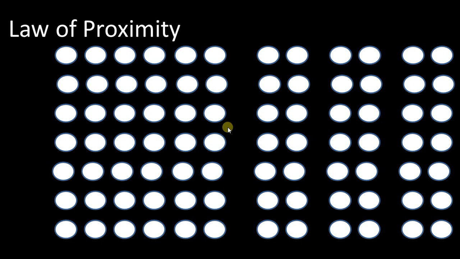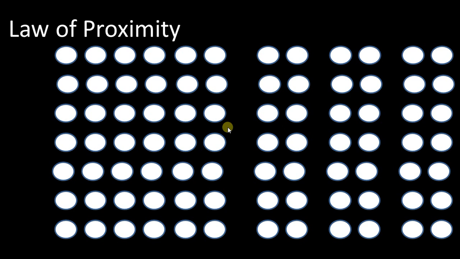But when we look at these series of circles, columns of circles, we perceive the first 6 columns, I mean the 6 columns which are at the left side, as a single rectangle. And then we look at the 6 columns of circles at the right side.